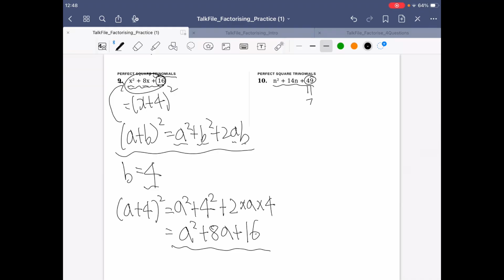So this is 7 squared. Then see the coefficient of this n, or x for question number 9. If you multiply 7 by 2, then you get 14. So now this is n plus 7 squared.